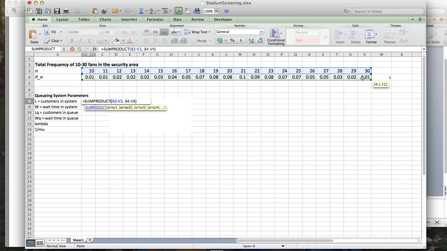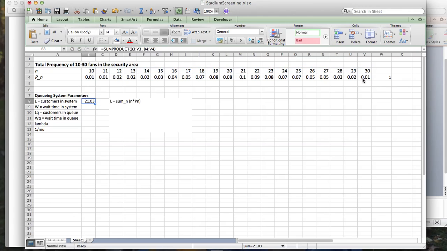This gives us the expected number of customers in the screening area at any one time. We end up with 21.03, roughly speaking, fans within our screening system.